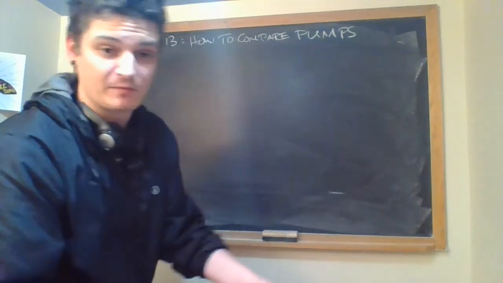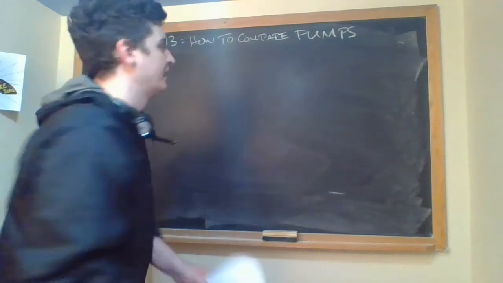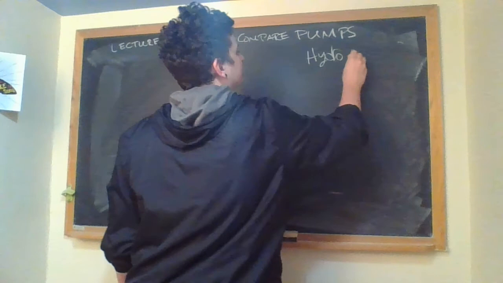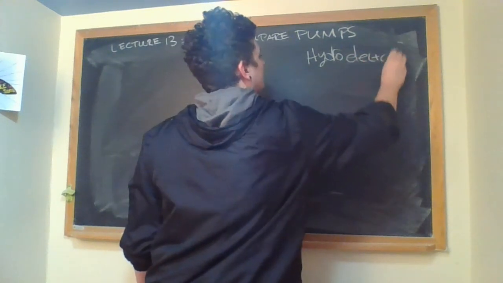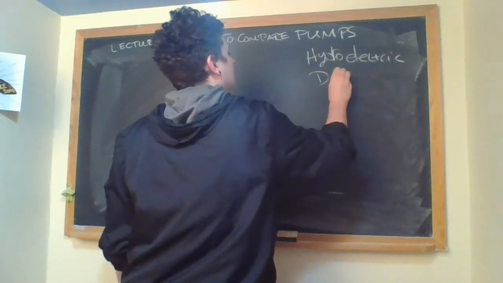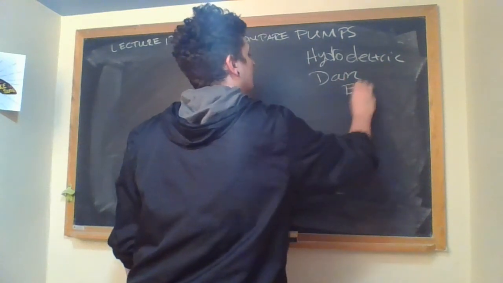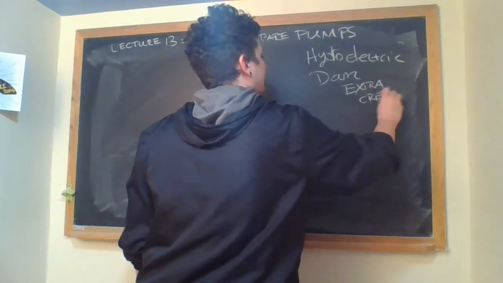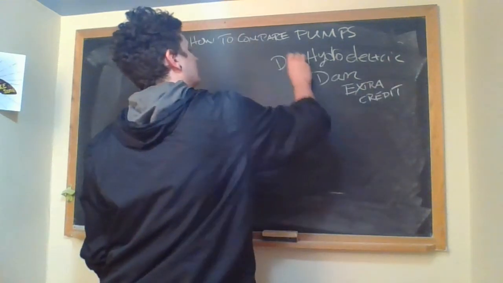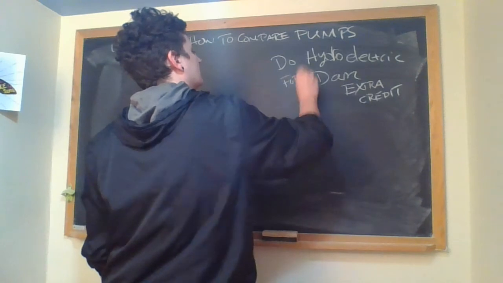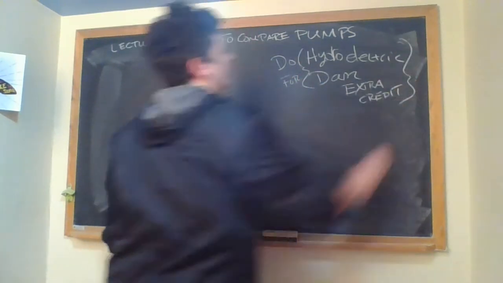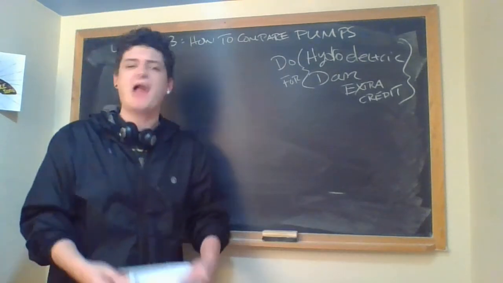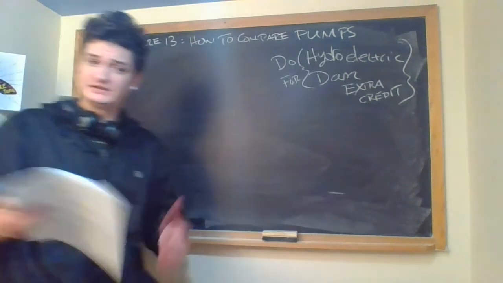So this is a good exercise to do, and I think extra credit, I said do it. So for extra credit, do this process right here, but for a hydroelectric dam or anything of your choice that involves fluids in motion.